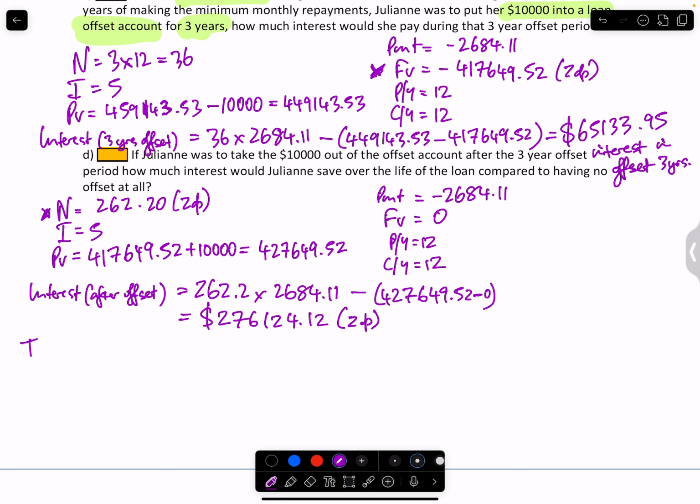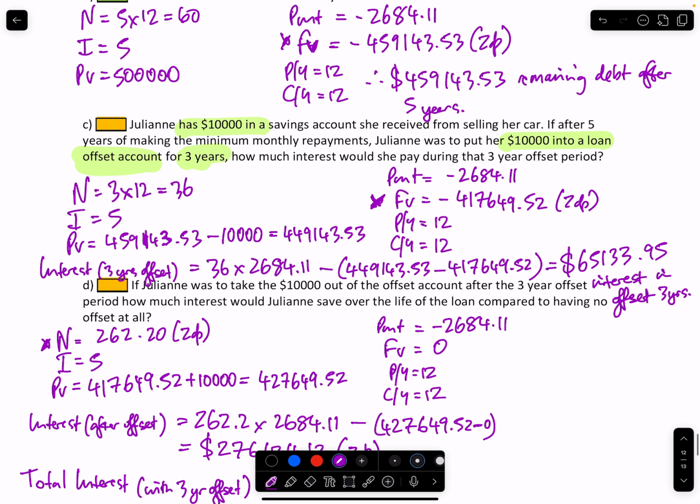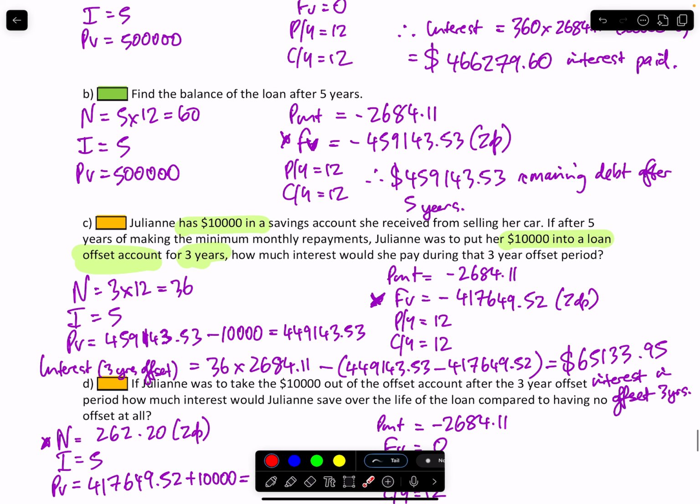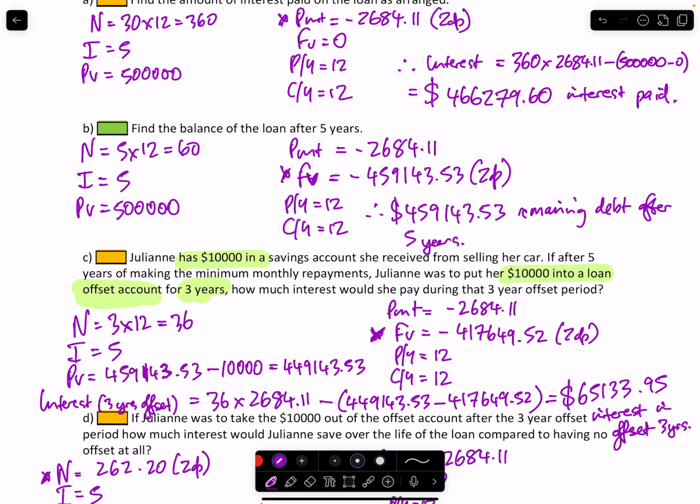So total interest with 3-year offset is going to be, we know how much interest was during the offset. We don't know how much interest was paid in the first 5 years, so we need to work that out. I'll do it in red. Interest 5 years is going to be 60 payments, 2684.11, take away 500,000, take 459,143.53.